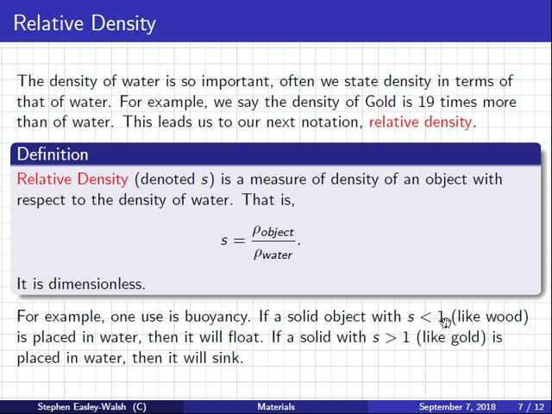What will happen if S equals 1? It just mixes together. So often S is important for knowing if something will float or sink. This is called relative density. I think you should write this down. It has no units. So the oil is less than one.